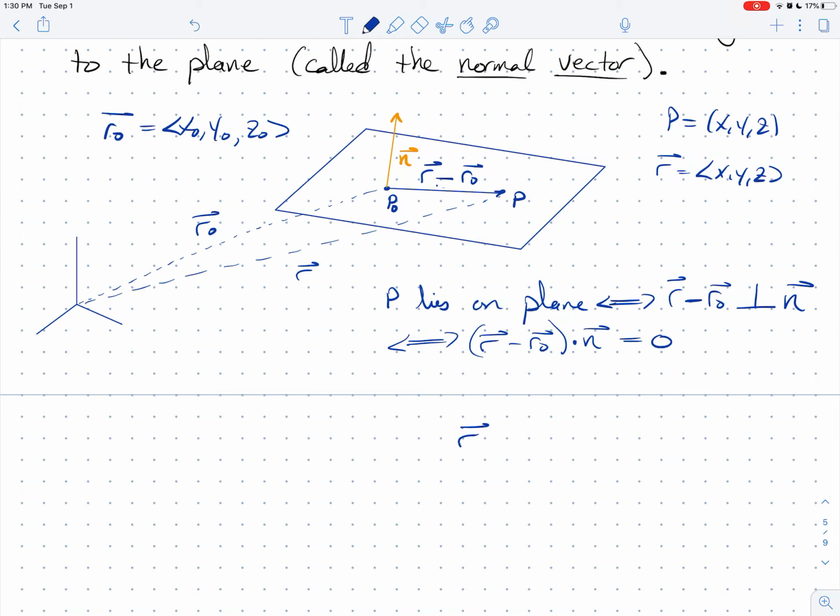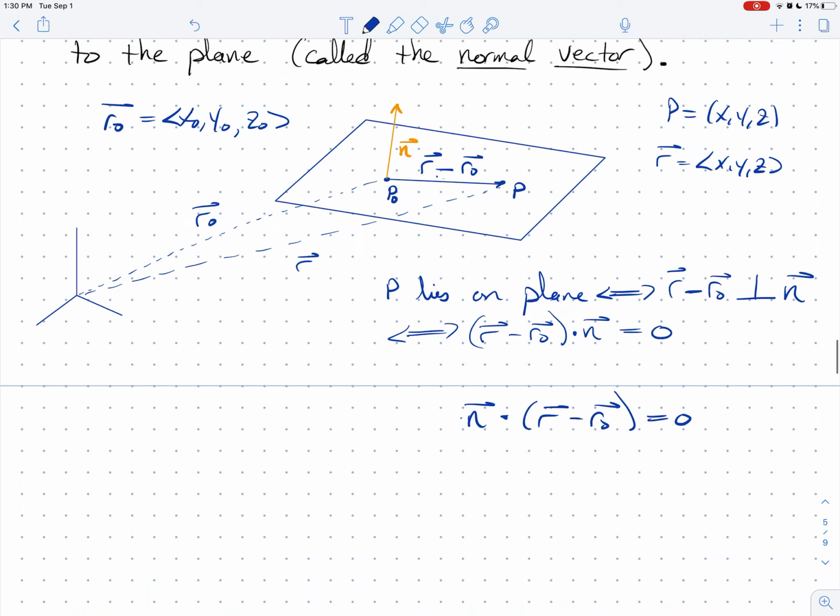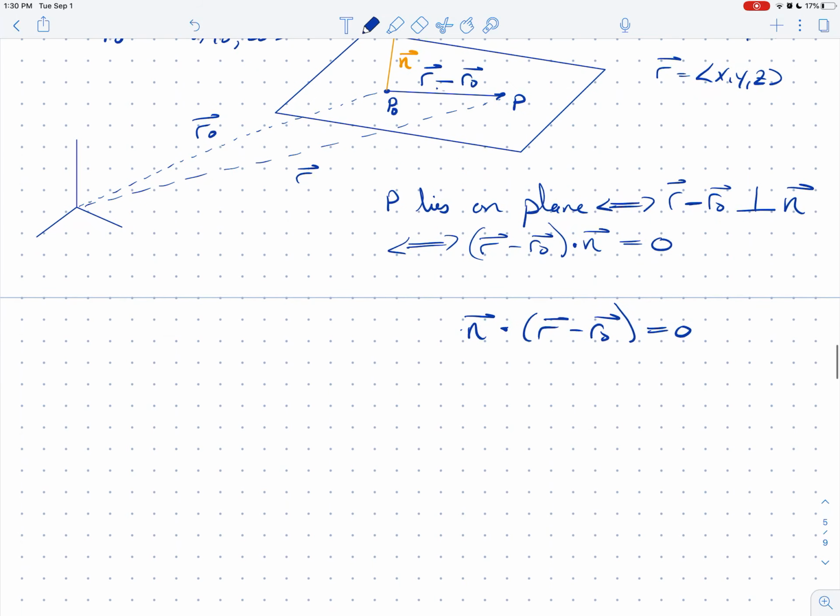Now if we want to, we can distribute that dot product, but instead of doing that, let's actually switch the order here just because we can. Let's write this as N dot R minus R naught. That's just purely for convenience's sake. And now at this point, let's actually write down what each piece is. So N, we said, was the vector A, B, C. And then think about it, this is x, y, z, and this is x naught, y naught, z naught.